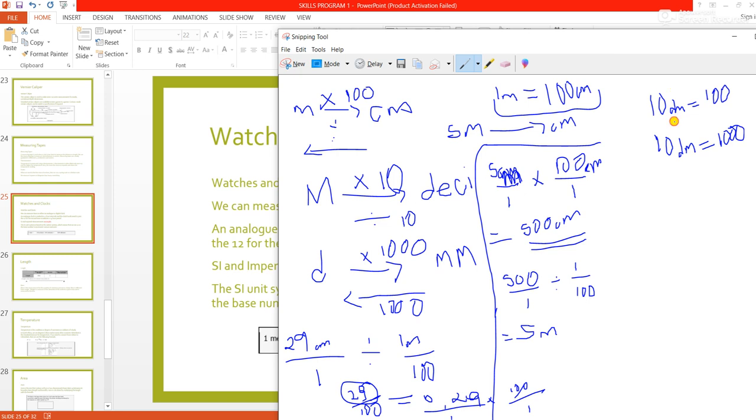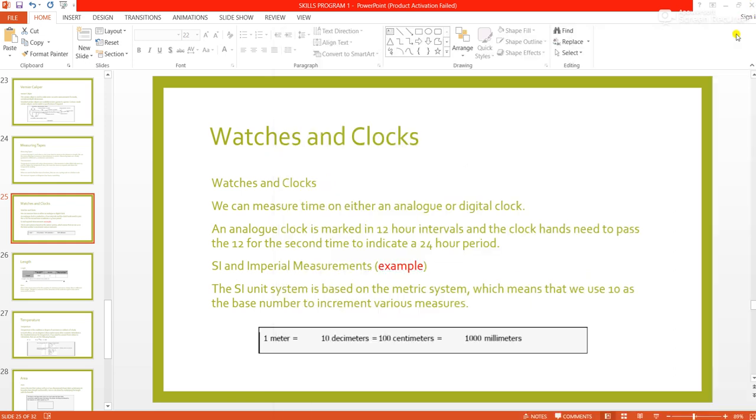Going this way, we times, going that way, we divide. So if we want to move from centimeter to millimeter, we times. Going this way, we divide. So this is the basic formula for how you can go about calculating when you are given a situation.